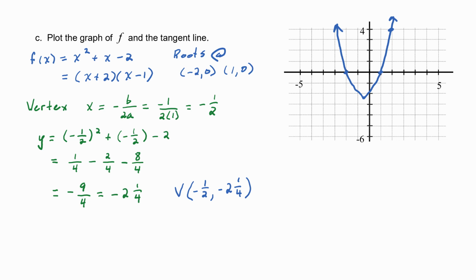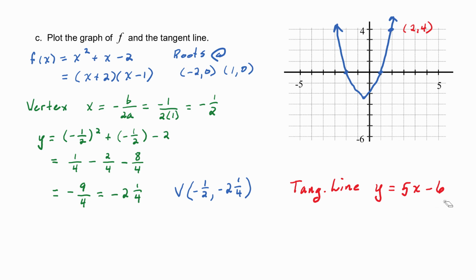We know that the tangent line has the equation y is equal to 5x minus 6. We know it's going to go through the point (2, 4), because that's where we found the tangent line slope was at x equals 2.